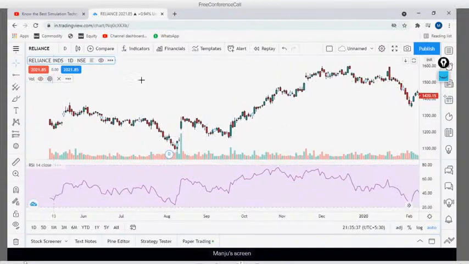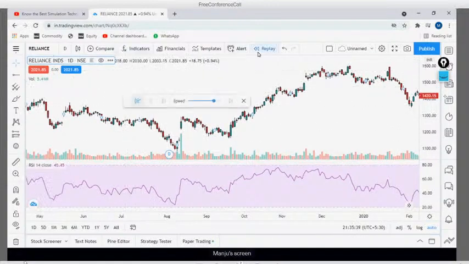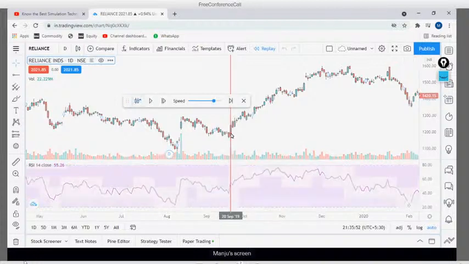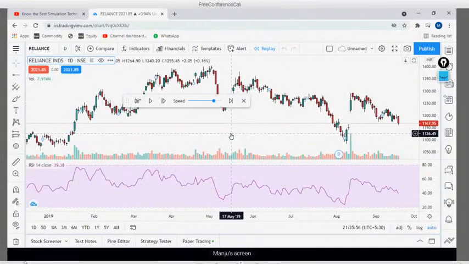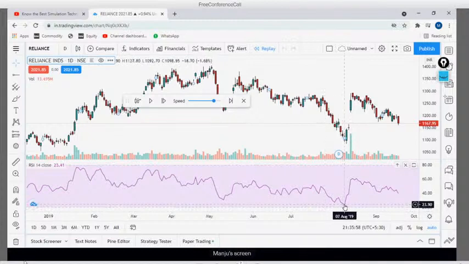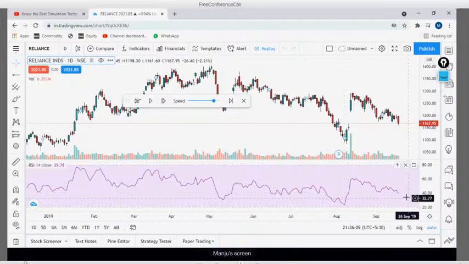For example, now let me see. I'll just replay, and I will mark somewhere here. Now see, whenever it comes near 23 or 20, it went upside. So at this point, whenever it comes to 20, I'll look for a buy.